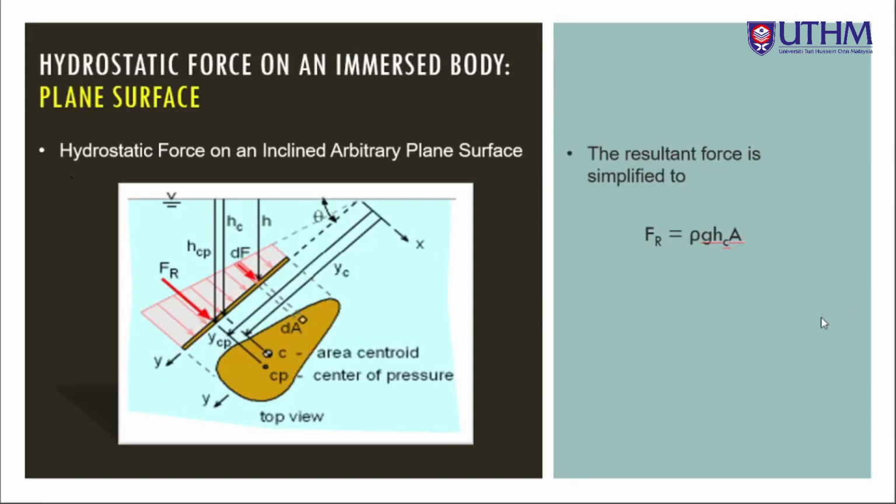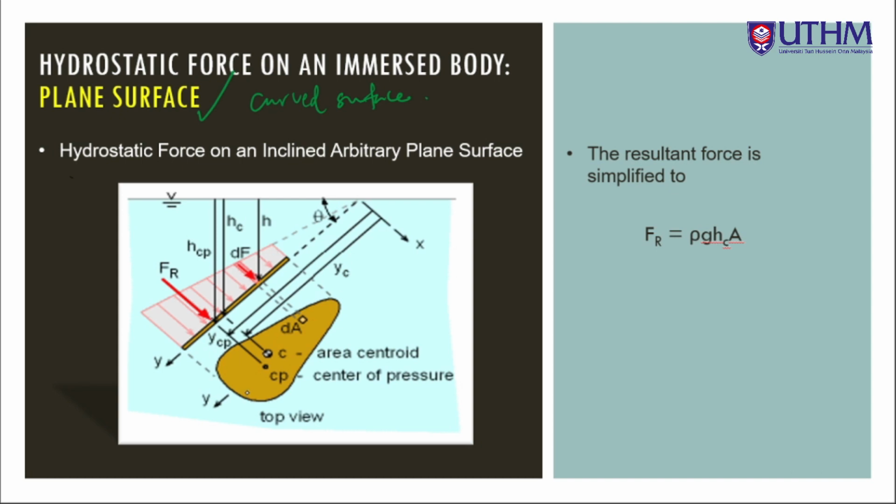Okay, now kita continue dengan another subchapter on this chapter, which is the hydrostatic force on an immersed body, which is untuk this time around kita tengok dulu on plane surface. Actually dia ada dua, sama ada dia plane surface ataupun lagi satu curve surface. Okay, so untuk kali ni kita tengok untuk plane surface dahulu.